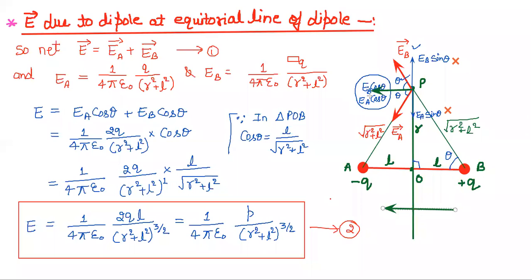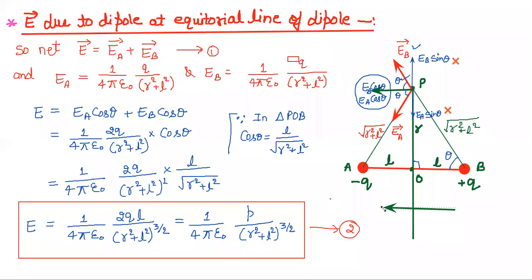So we can say the electric field is along plus Q to minus Q. Since it goes from plus to minus, we can write that the electric field will be from plus Q to minus Q. Okay.